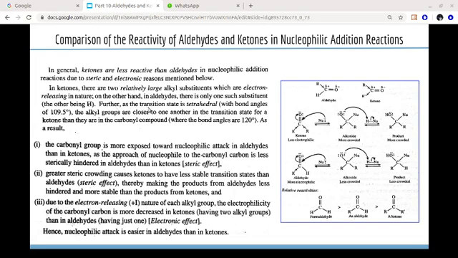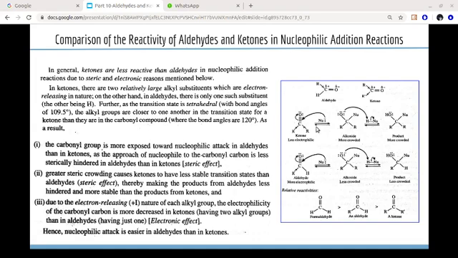Further, as the transition state is tetrahedral with bond angles of 109.5 degrees, the alkyl groups are closer to one another in the transition state for a ketone than they are in the carbonyl compound, where the bond angles are 120.